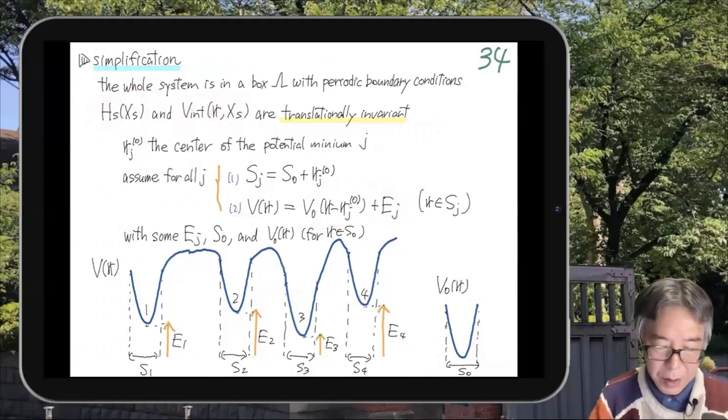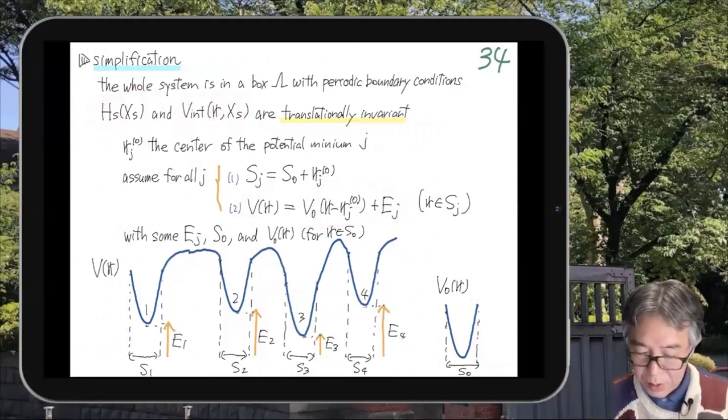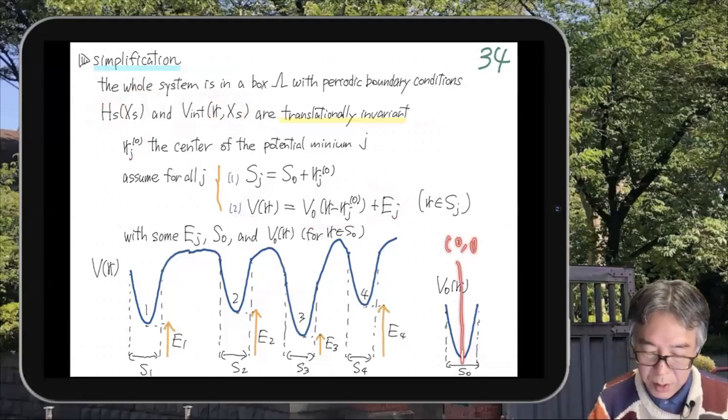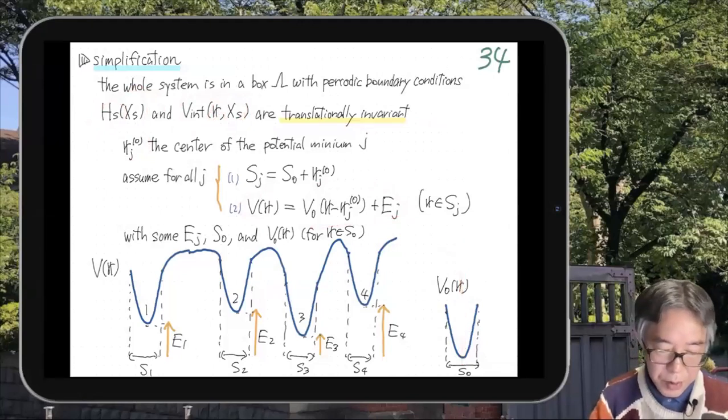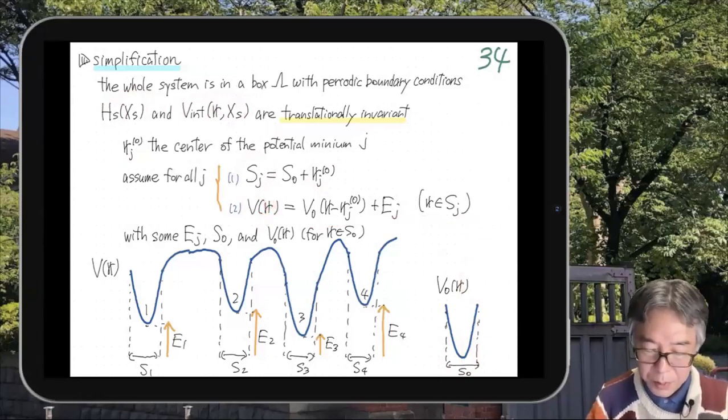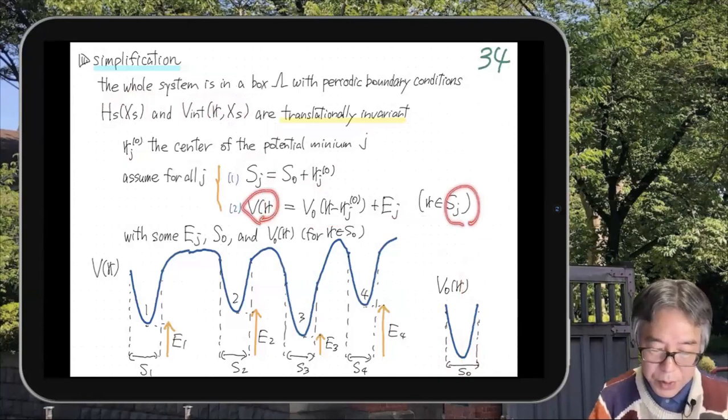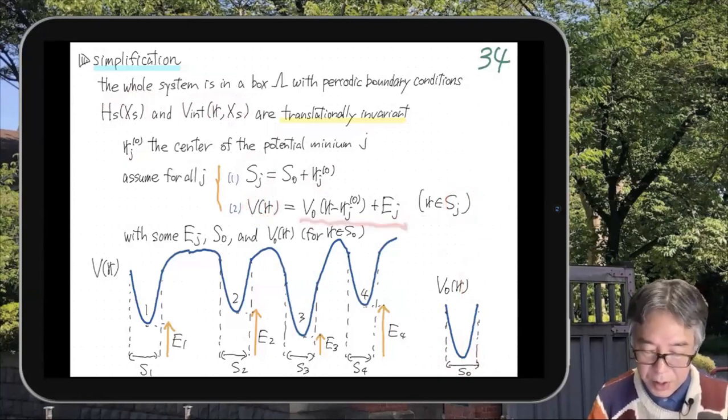I also assume that this S0 is centered at the origin. Then the support Sj is simply the translation of S0 by R_j0. And when R is in this support Sj, VR is precisely written like this. It's just the translation of V0 by R_j0, and here's the constant shift in energy.